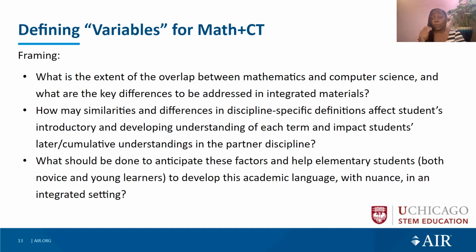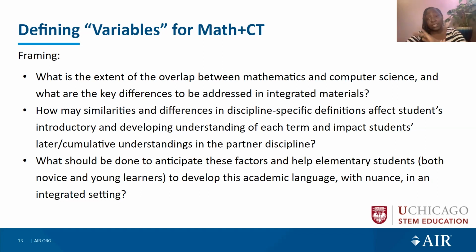We're asking primary school teachers or elementary teachers to talk about variables and define variables for kids that in their minds, those meanings, the senses of the meanings need to be clear. And so we did a little bit of work thinking about these overlaps, the similarities and differences in discipline-specific definitions, and how that would impact and or affect students and teachers' learning and understanding of those terms.